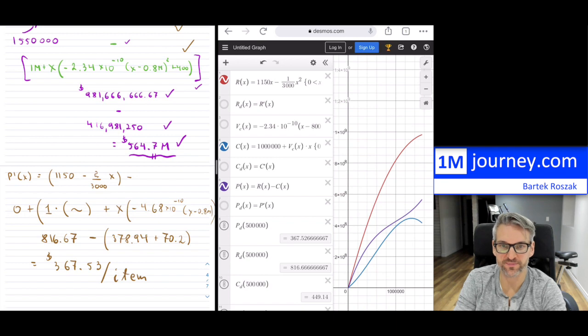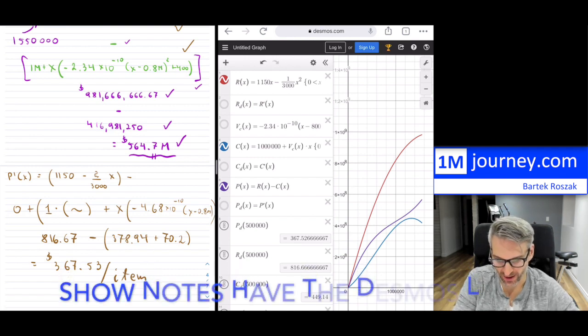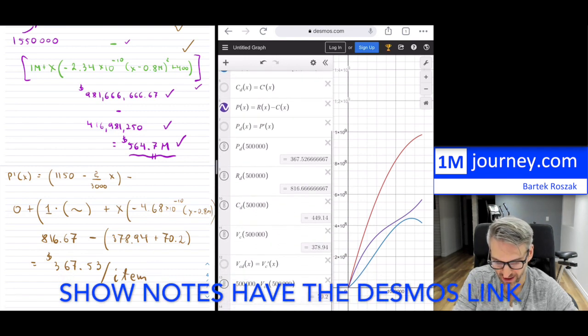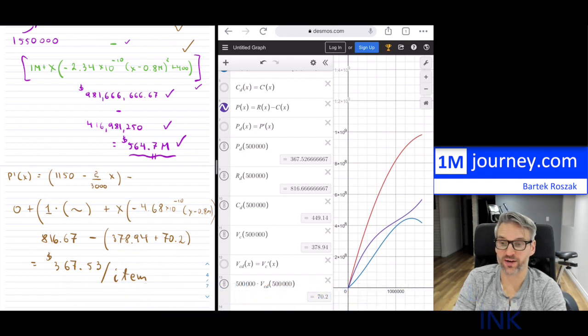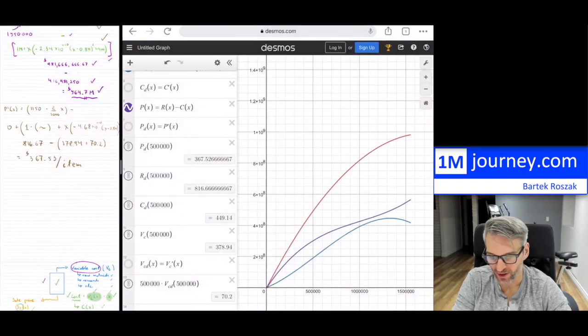As you can see there, you can also take the derivatives by just taking the prime. If you're looking on the left-hand side on Desmos, you have all of the values. I actually did all of that and calculated it all. And on the left-hand side, I took the derivative and then just substituted everything back in. So the marginal profit is 367.53 cents per item.